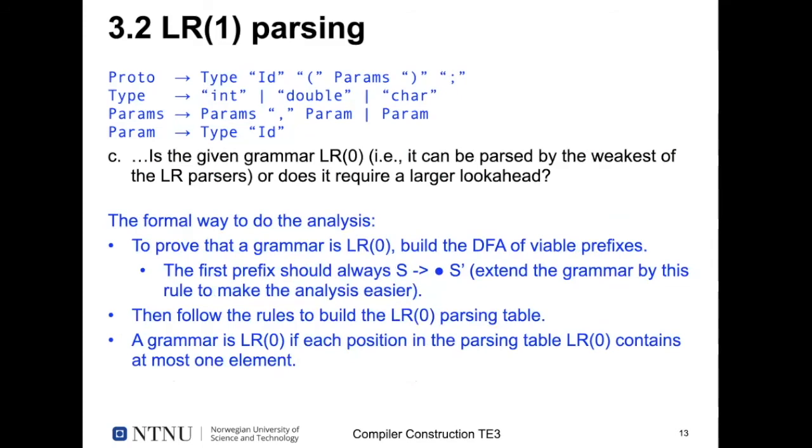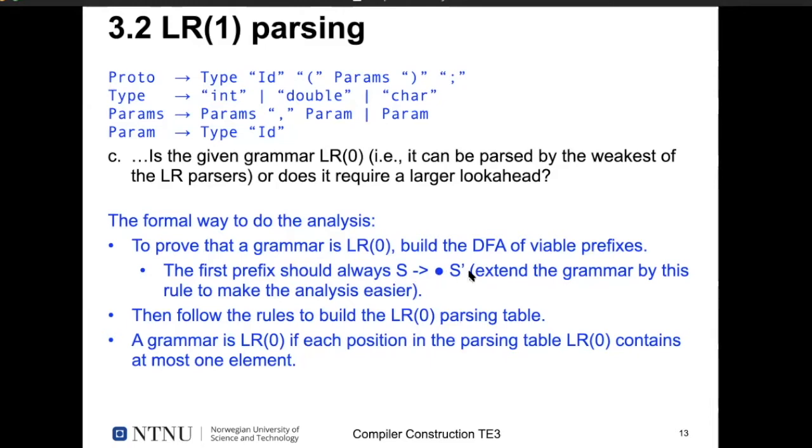Okay. But of course, you can do it in a formal way. That would take quite a bit of time to present it here. So if you're interested, you should be able to follow this approach by following the construction of the DFA for the LR parsers from our lecture here. So if you want to prove that a grammar is LR0, you have to build the DFA, so to get the viable prefixes here. And we've seen for constructing this, we always use this additional state from the start state going to an S prime state.